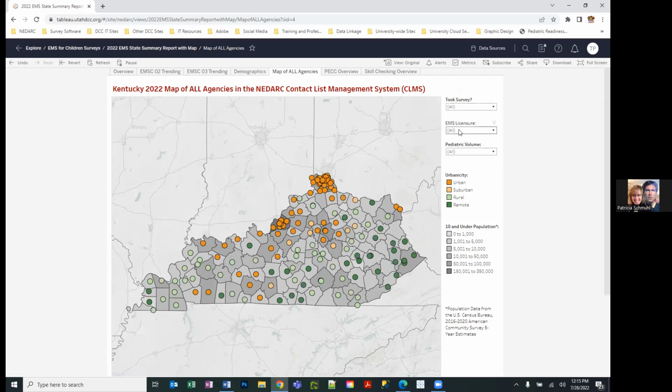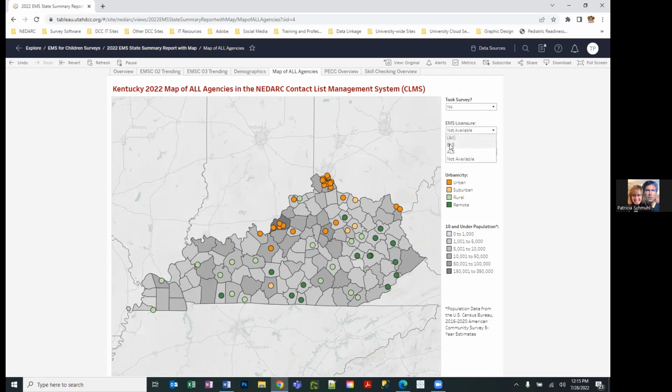You can filter by EMS licensure. So we have BLS, ALS, and not available. So not available is going to show you those that did not take the survey. So if I click on that, I just want to show you that this filter changes to no. So these filters are dependent on each other. So this will help you know that it's not available because they didn't take the survey.